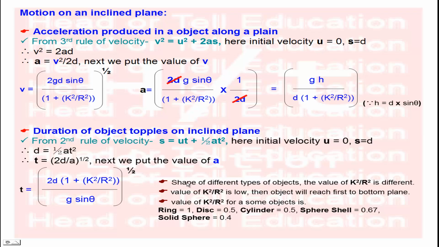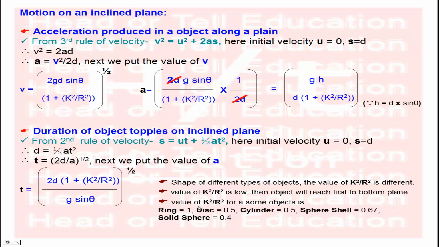Now, some points. For different shapes of objects, the value of k square by r square is different. If the value of k square by r square is low, then the object will reach the bottom of the plane first.